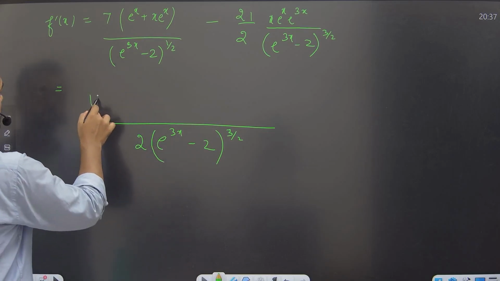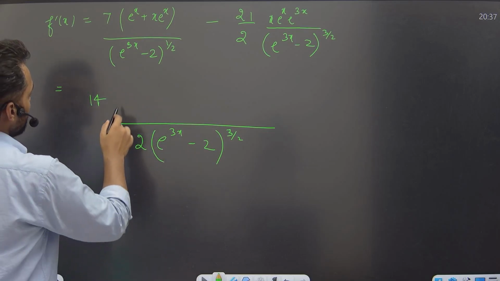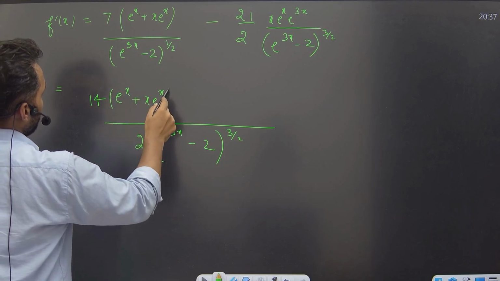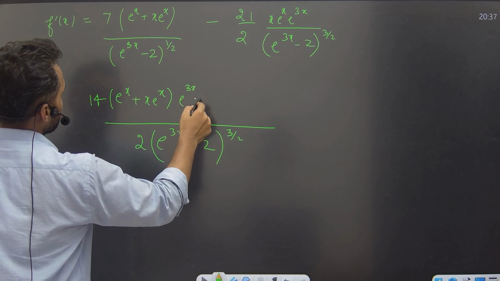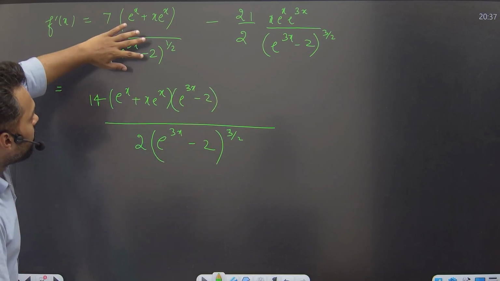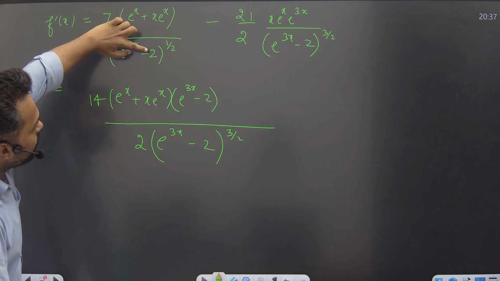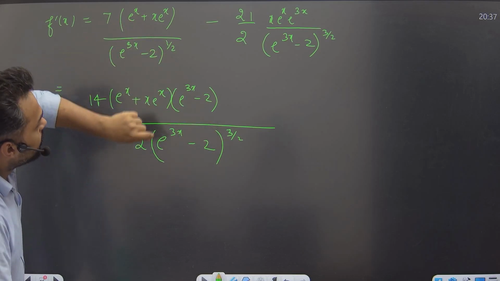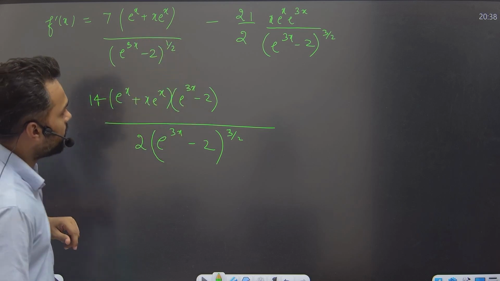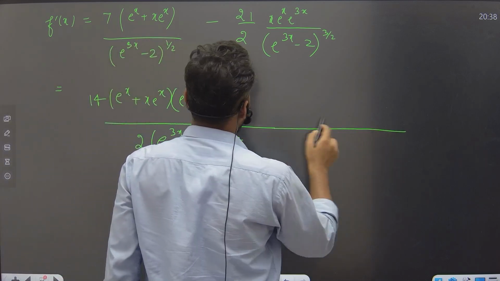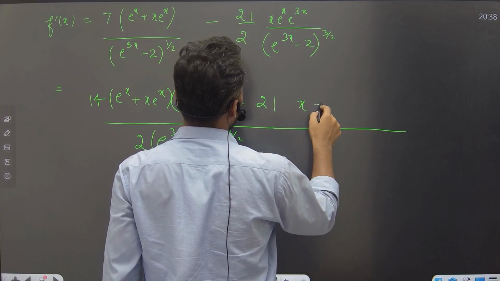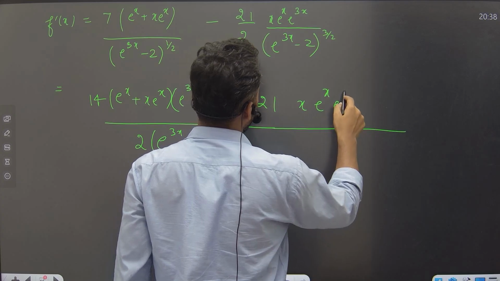Here you will get 14 times e raised to the power x plus x raised to the power ex into e raised to the power 3x negative of 2, because on adding plus 1 to this part, we will get 3 by 2. So plus 1 will be e power 3x negative of 2, which I have written here in the multiplication part. Negative of 21 into x raised to the power e x and e power 3x.